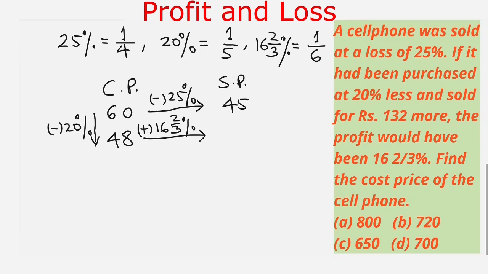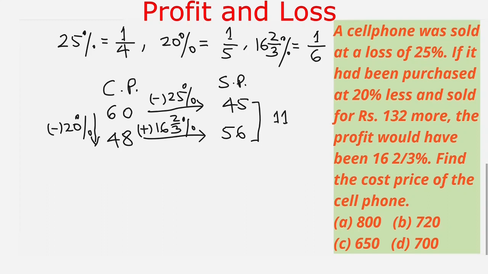And we add 8 to 48, which comes out to be 56. Then the new selling price comes out to be 56 units, and the difference between the old selling price and new selling price is 56 minus 45, which is 11.